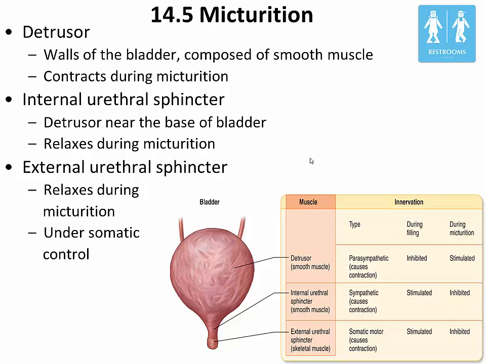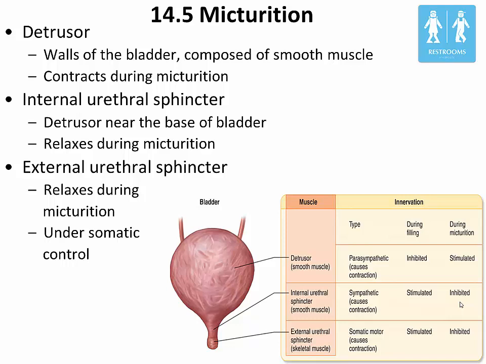So the internal urethral sphincter is found here, and it is closed during filling for two reasons. One is that if we look here, then we see that the internal urethral sphincter is innervated by sympathetic neurons. These are stimulated during filling to contract, and then they're inhibited during urination. But a second reason that the internal urethral sphincter is closed is simply the position that it takes when the detrusor muscle is relaxed.